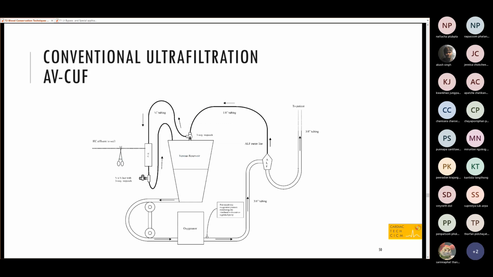In the AV cuff, imagine that you put a separate line after the pump flow. Inside of this, there is a high pressure blood flow, right? So you just put this without using another extra pump.